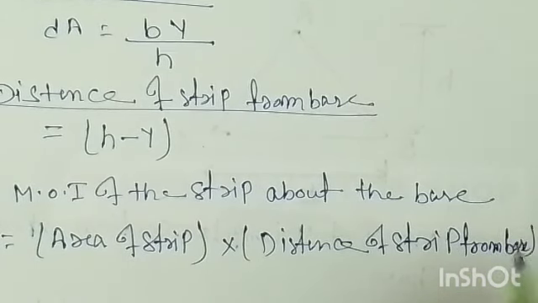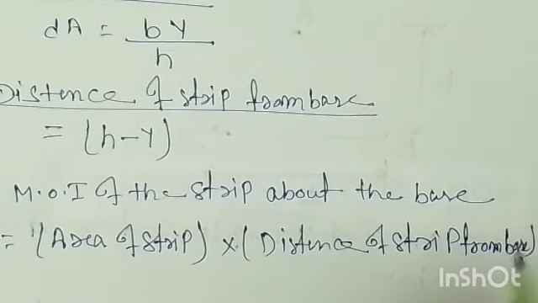Next, one more moment of inertia is there, which is about the centroidal axis, right? So here we can write the continuation: next we are going to find the moment of inertia of a triangular section about the centroidal axis.